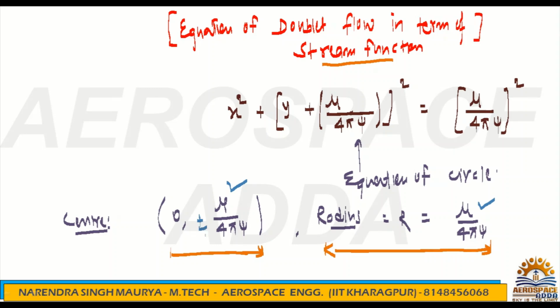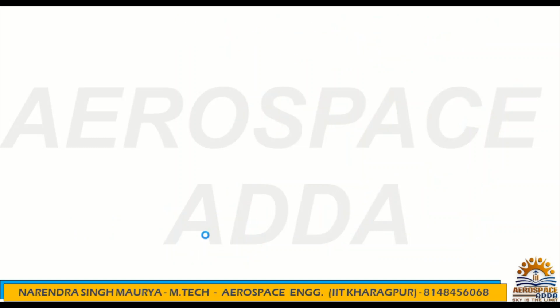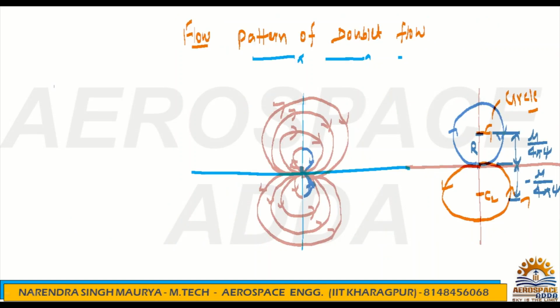All right, so again I must say, these are the streamlines. So I can say, in case of doublet flow, this is the note point. Note, in doublet flow, streamlines are circles.